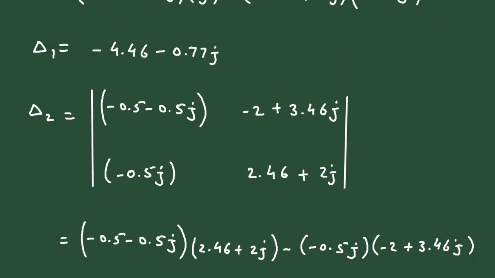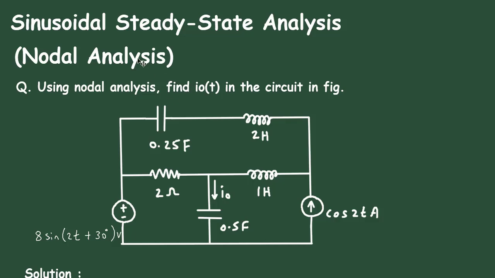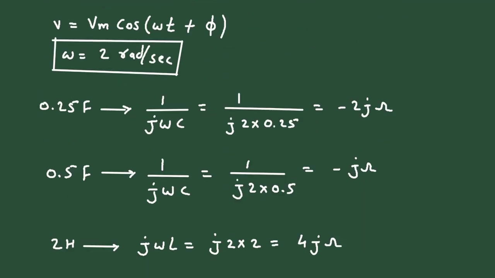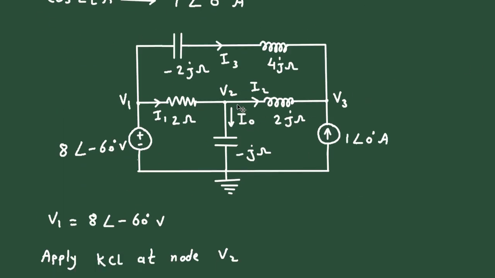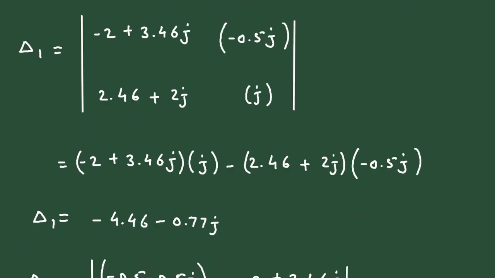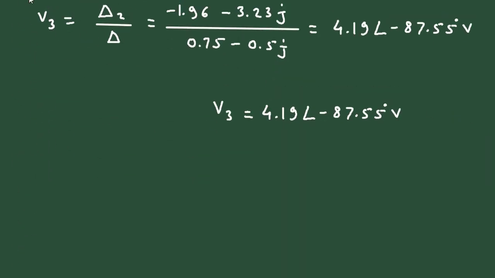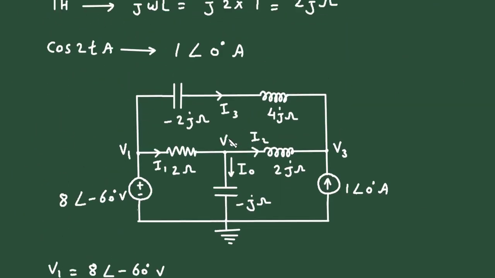Now we got the value of V2 and V3, but in this problem what we have to find is the value of IO. Here in phasor domain, IO is equal to V2 minus 0 divided by minus j.